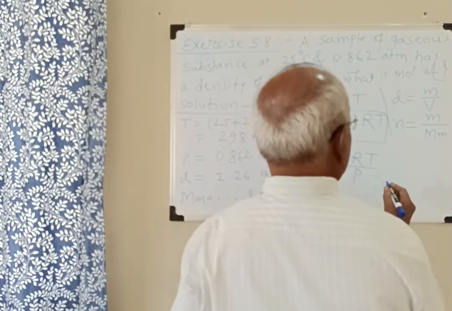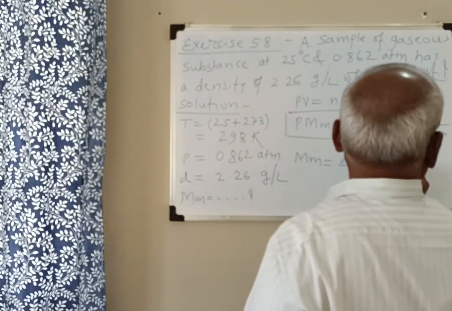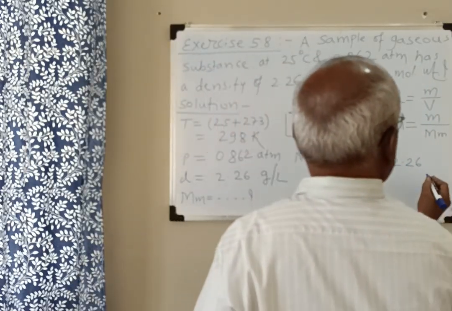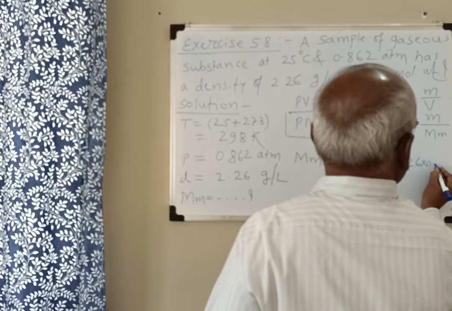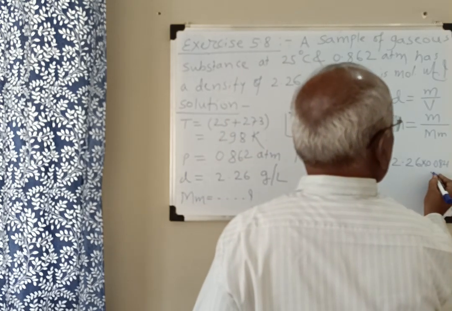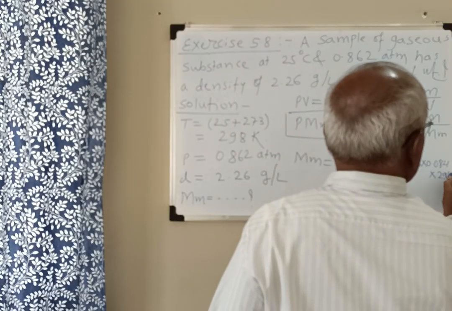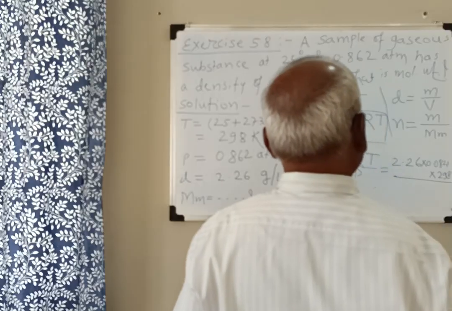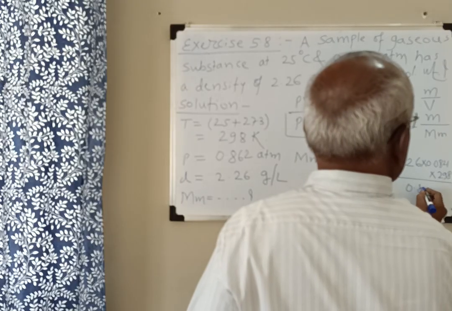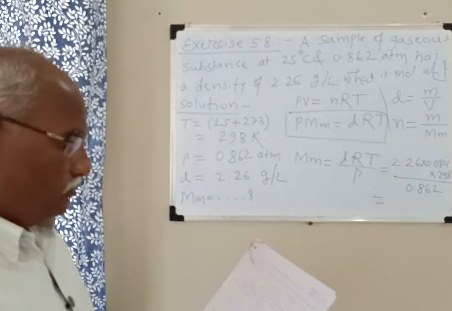So that is equal to, substituting D is equal to 2.26 into R 0.0821 into temperature 298 divided by pressure 0.862.